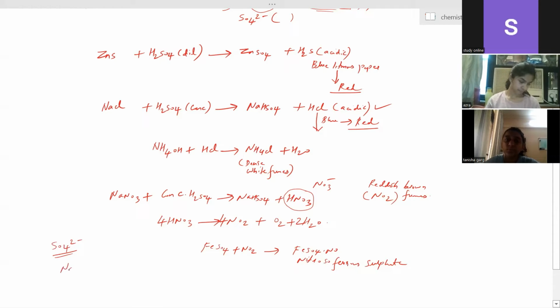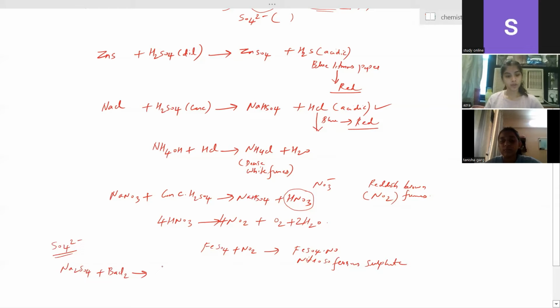Barium chloride. Barium chloride with Na2SO4.